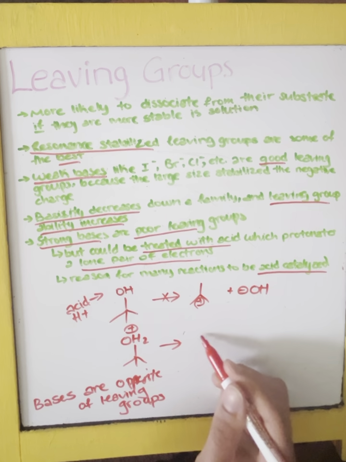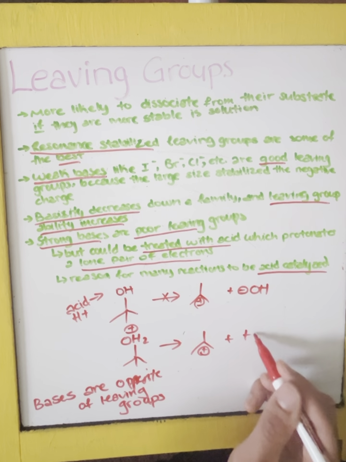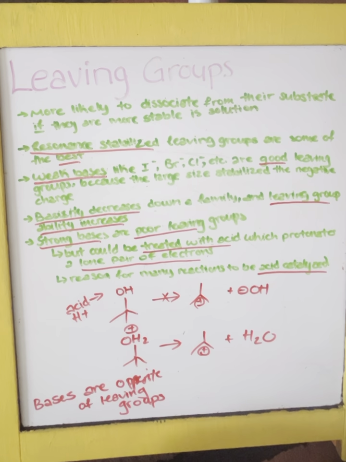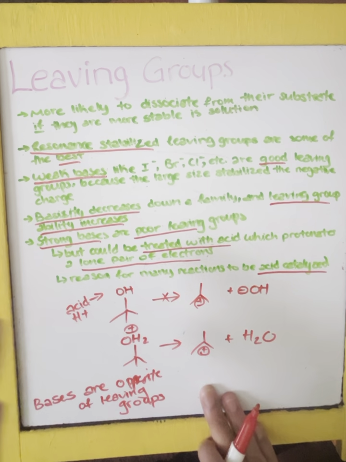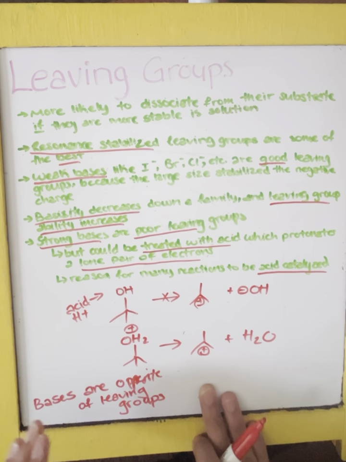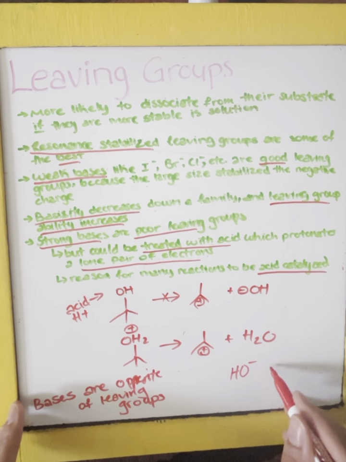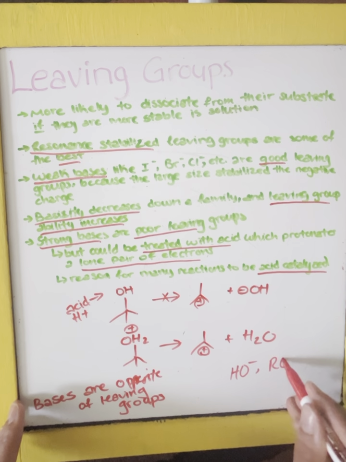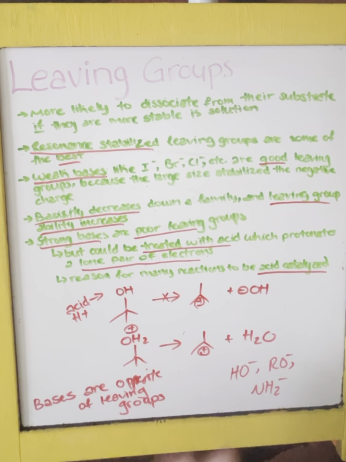This could easily become water. This is something we need to understand: this happens with all of the strong bases, which includes HO negative, any RO negatives, NH2 negative, or anything like that.